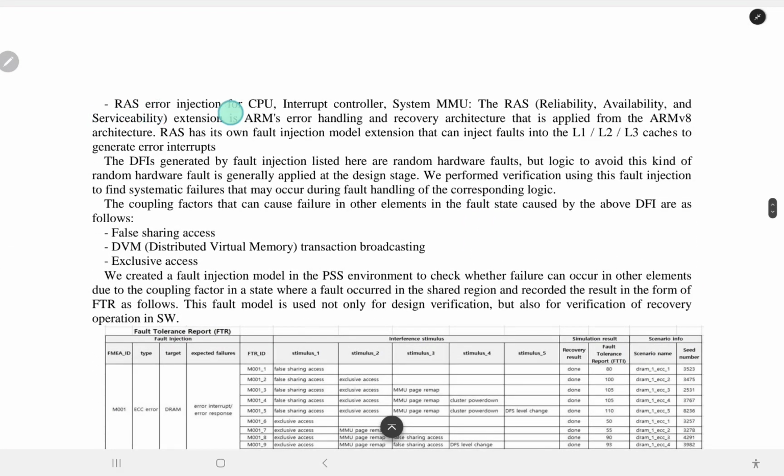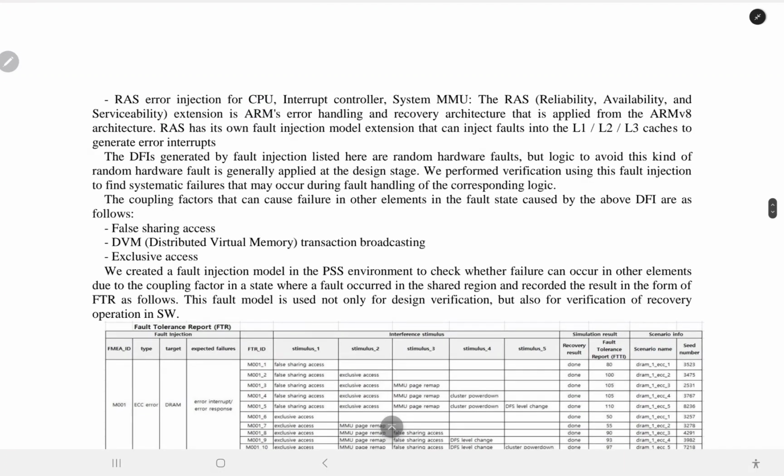The RAS injection for CPU, the interrupt controller, and system MMU. The RAS, reliability, availability, and serviceability extension in ARM's error handling is a recovering architecture that is applied from the ARM v8 architecture. RAS has its own fault injection model extension that can inject faults into L1, L2, L3 caches to generate error interrupts.